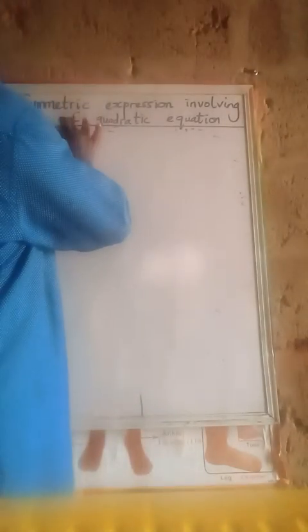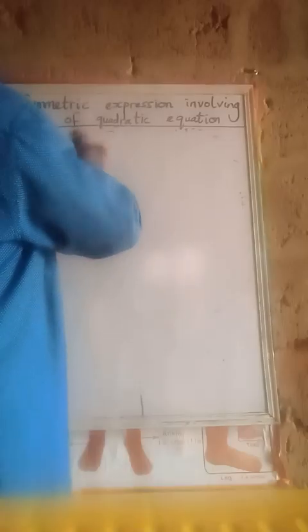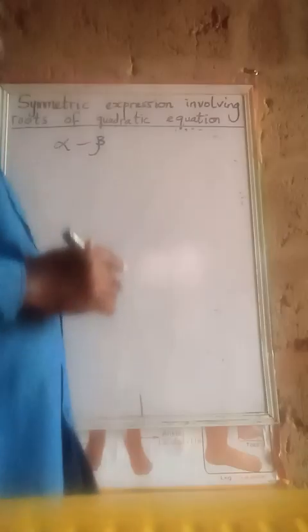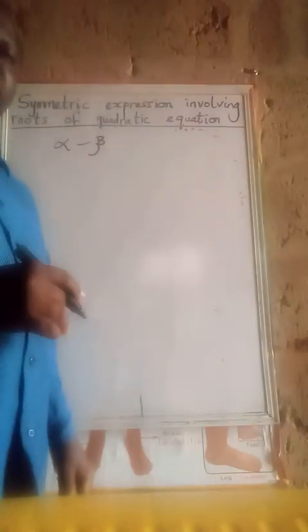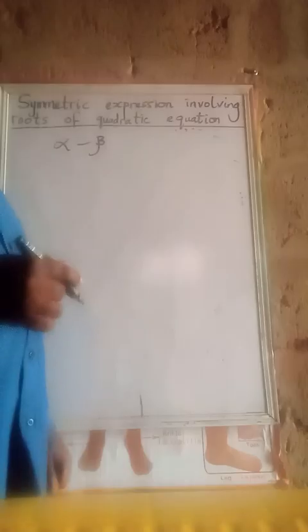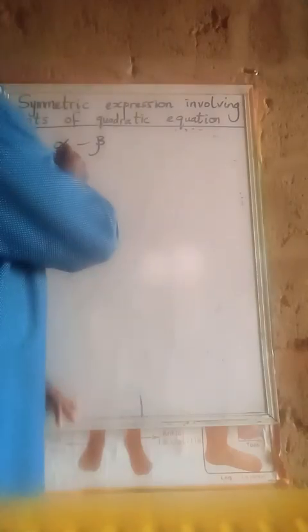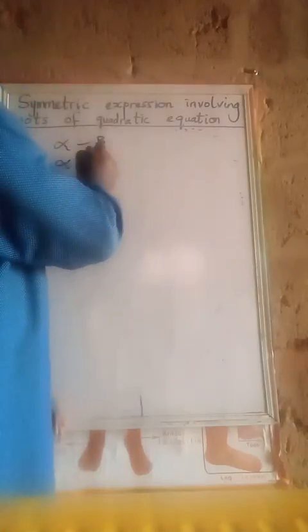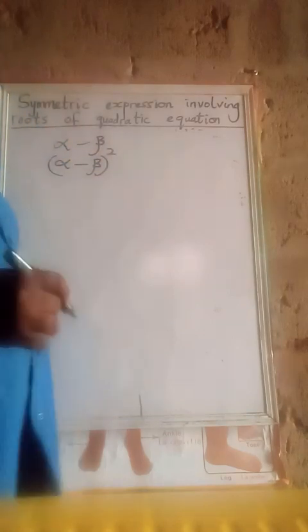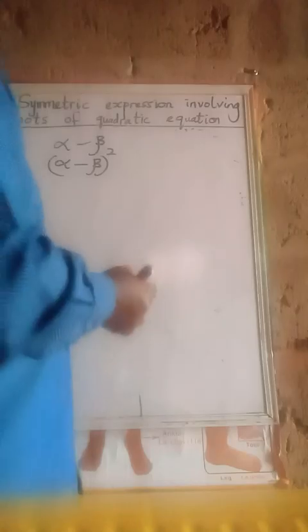Okay, I have in mind alpha minus beta. Now, how can we get alpha minus beta? Alpha minus beta can be obtained from the parent expression alpha minus beta raised to power of 2.